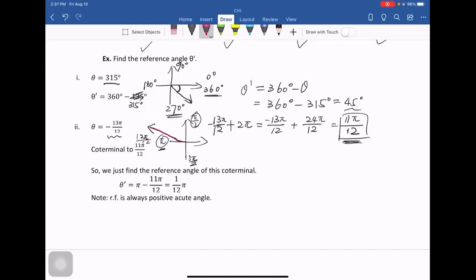The angle between the terminal side and the x-axis is here. I can use pi subtract 11 pi over 12, because from here to here is 11 pi over 12. So the reference angle is pi minus 11 pi over 12, which is pi over 12. This is the reference angle.